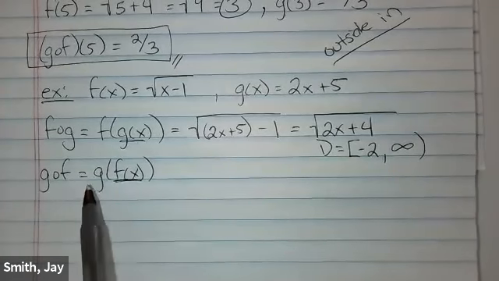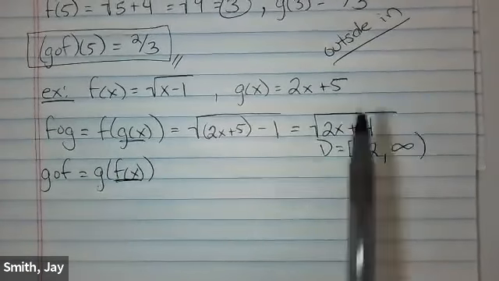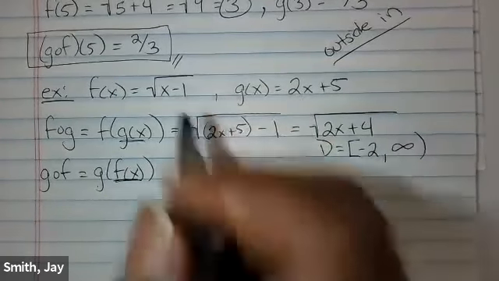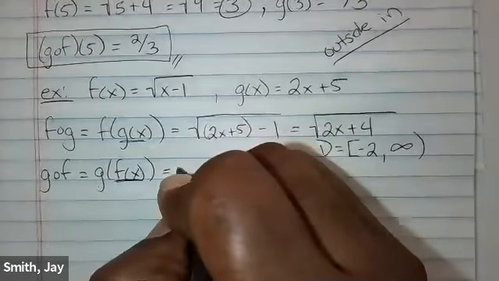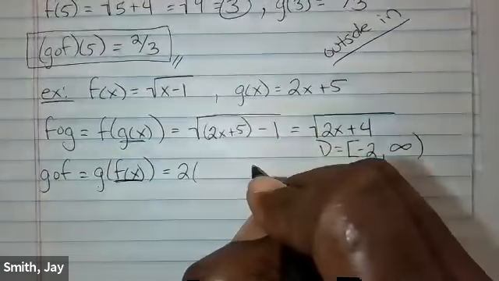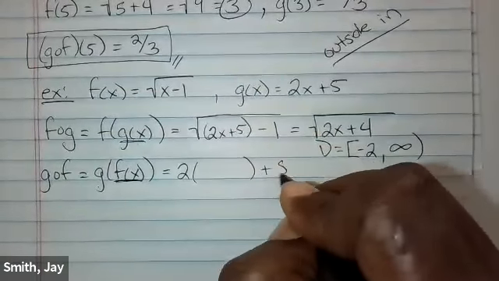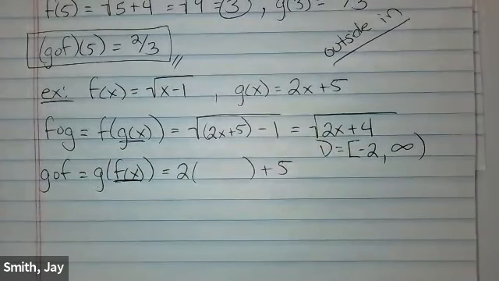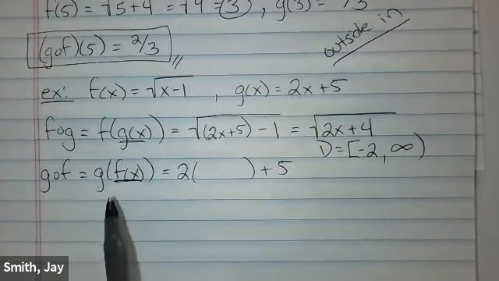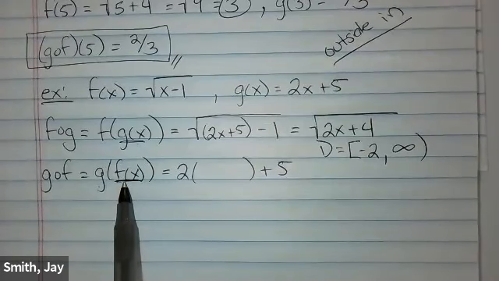We're going to start with the outside function, g of x, which is 2x plus 5. We're going to write it exactly as we see it, except everywhere we see x, we're going to leave an open parentheses. So this time we're going to have 2 times open parentheses plus 5. Inside that parentheses is where we're going to make our substitution of f of x.